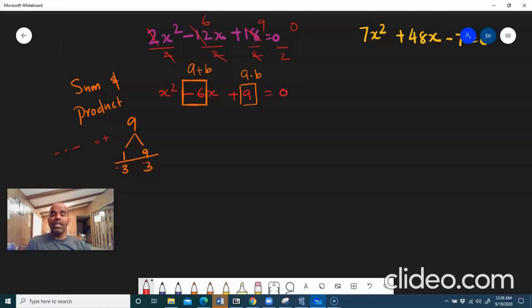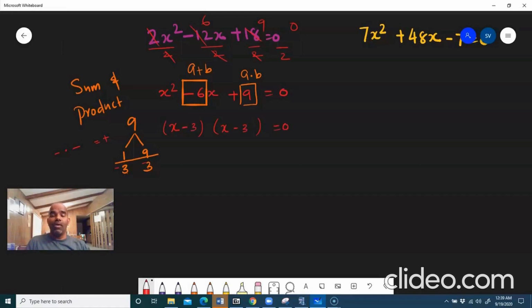So we can rewrite this quadratic as the product of two factors. Because the variable used here is x, write that variable first and check the signs of these numbers. Both are negative, so put that sign there, and set the product equal to 0.